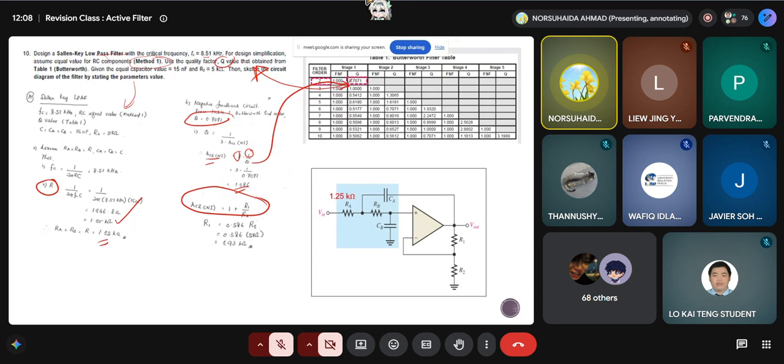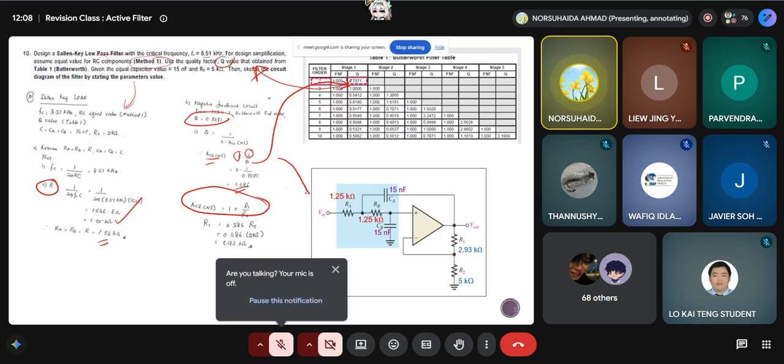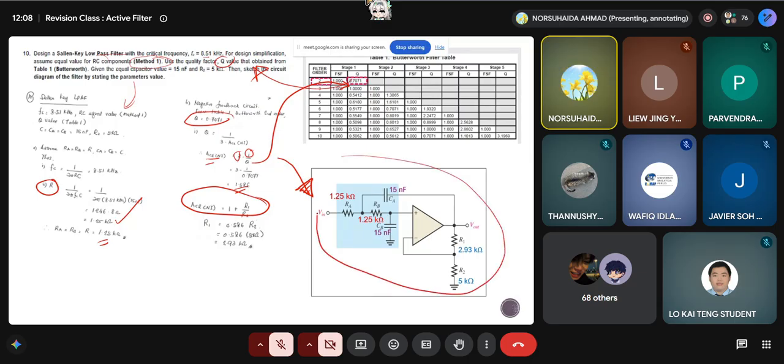So you obtain everything from here, then you just put it in the diagram like this. This is what we obtain from the calculation and the given information. This will be the last thing you have to do for this question. Put the value for everything: RA, RB, CA, CB, R1, and also R2. So this completes the question number 10 requirement.